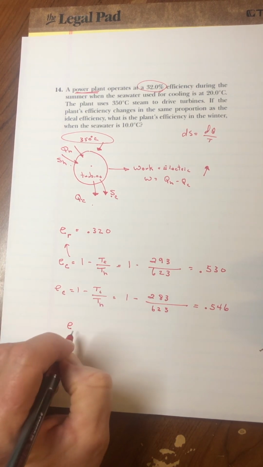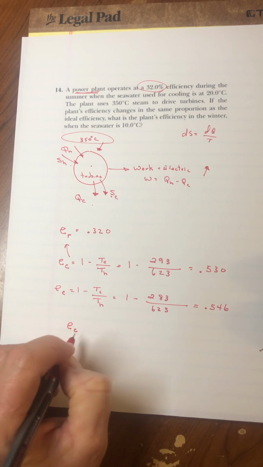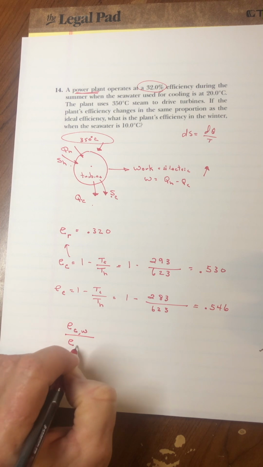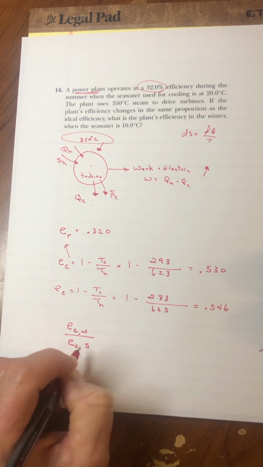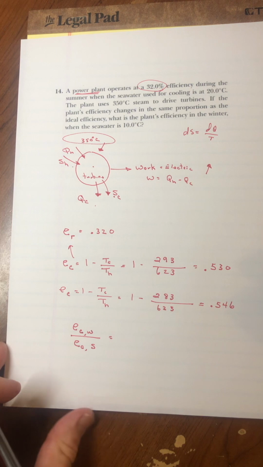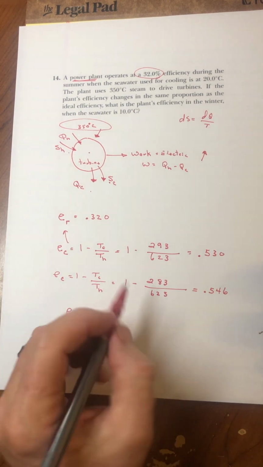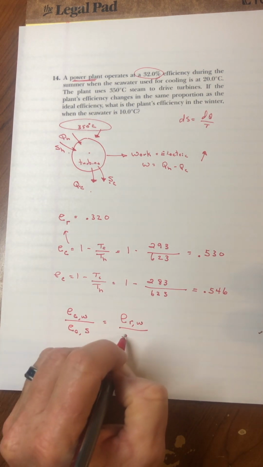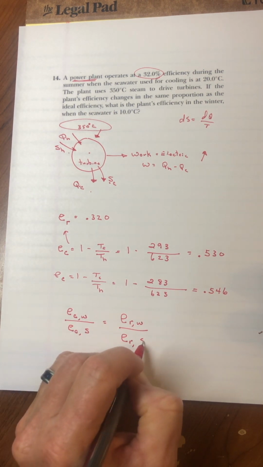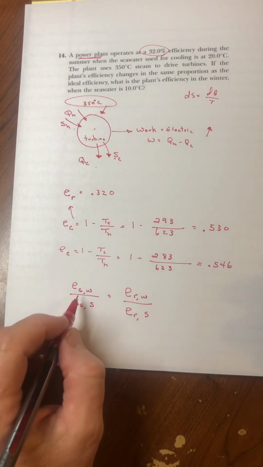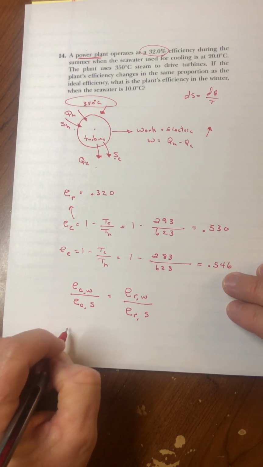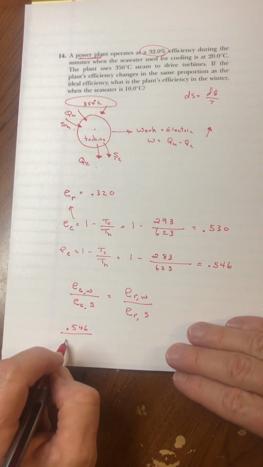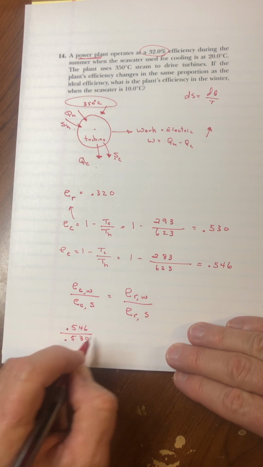The efficiency of the Carnot cycle in winter compared to the efficiency of the Carnot cycle in summer would have the same proportion, the same increase, as the efficiency of the real engine in winter compared to the efficiency of the real engine in summer. And so in winter, for the Carnot cycle, we got 0.546, and in the summer, we got 0.530.